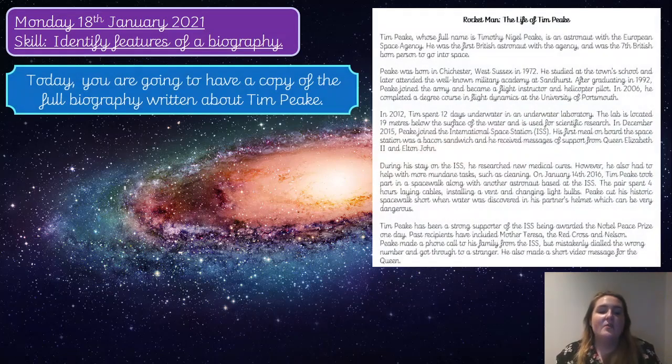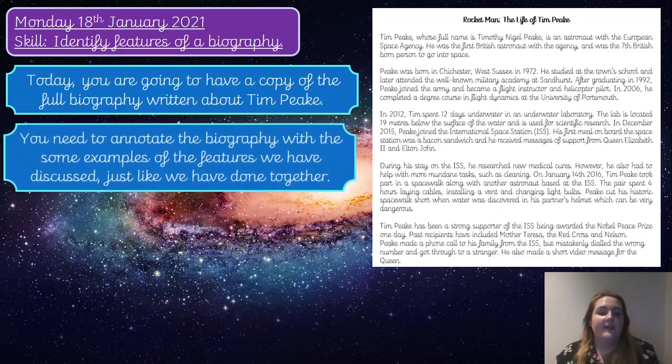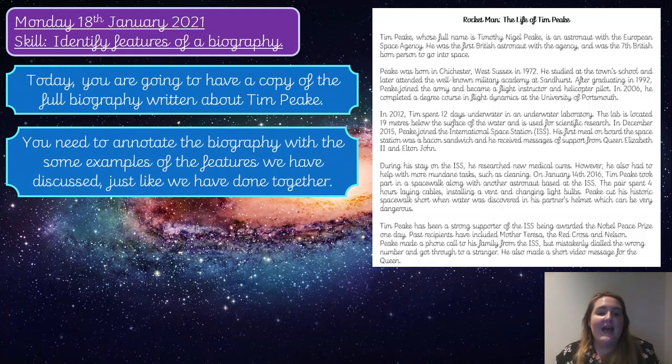Today then, you are going to have a copy of the full biography written about Tim Peake. This copy of the biography is going to be underneath this video on the school's website for you to download and print if you would like to. Your task then, you need to annotate the biography with some examples of the features we've discussed, like chronological order, past tense, third person, and paragraph.